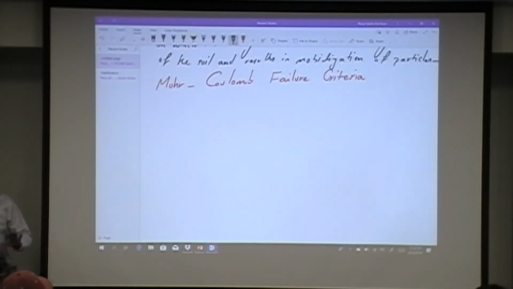Alright, so let's talk about the contribution of each of these gentlemen in the Mohr-Coulomb failure envelope. Where did we see Mohr? In the Mohr circle, right?